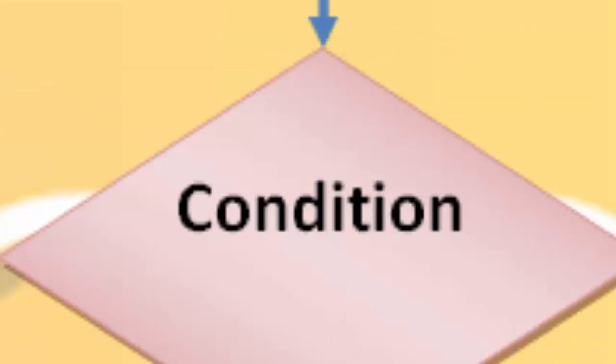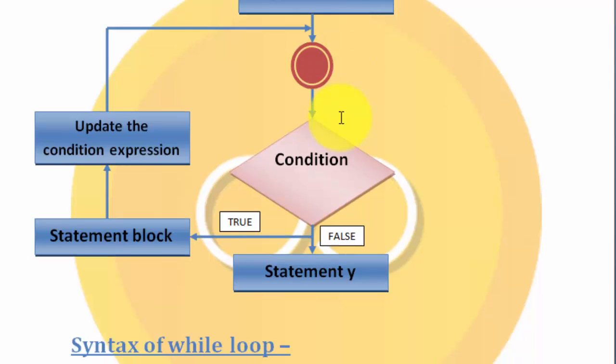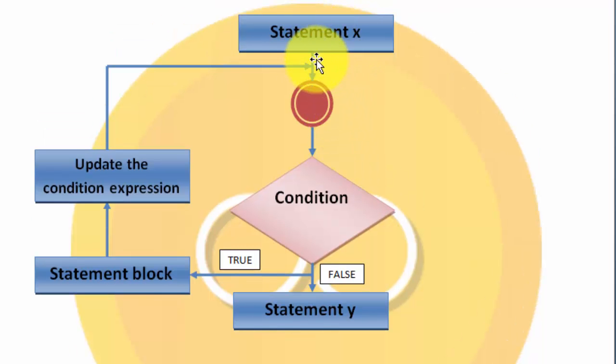See, it is simply stated here. Again I am saying the same thing. If this condition is true, let's say we have taken a condition, and that particular condition is matched with this condition.